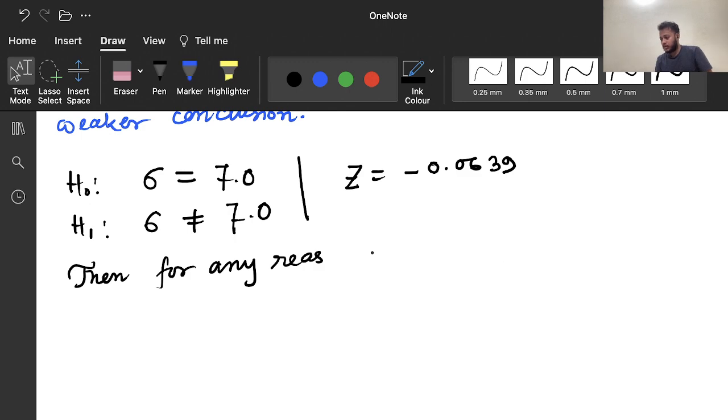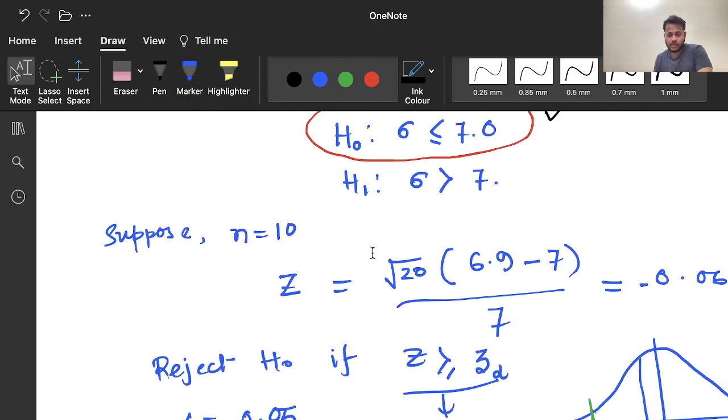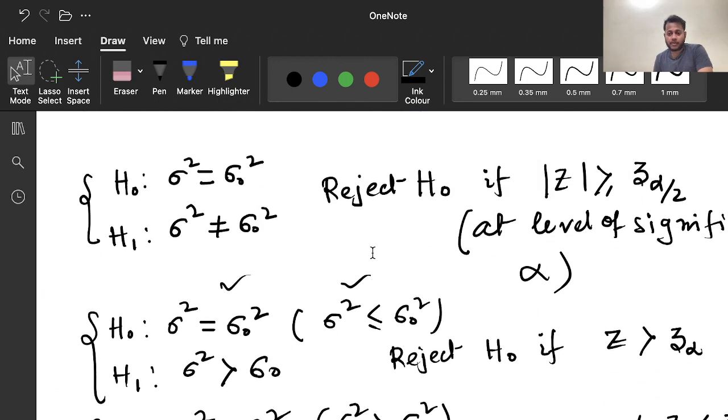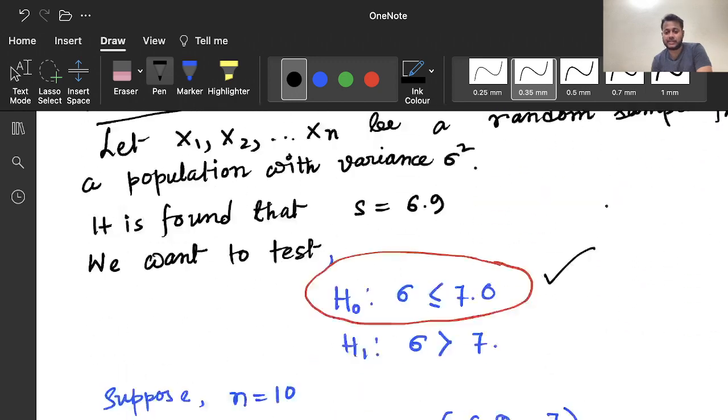Now you see that for this, we reject H0 if mod z is greater than z alpha by 2.